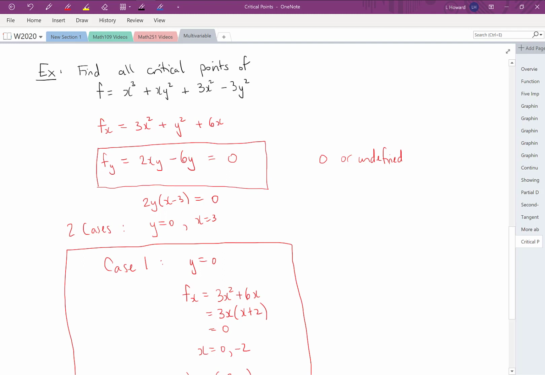In that case, I would deal with the simpler one like we did here. We decided f sub y was simpler to deal with, so we dealt with that one first. We produced 2 cases from that, and then we were able, within those 2 cases, to proceed and deal with our second partial derivative and figure out our critical points from there.